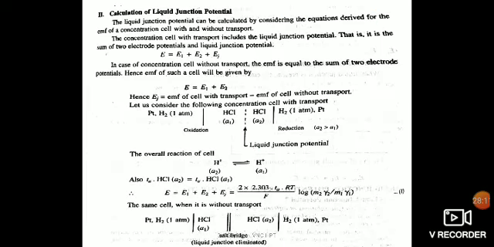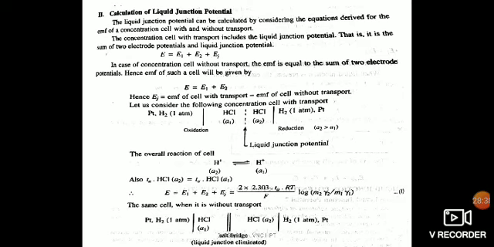How can you calculate the liquid junction potential? It can be calculated by considering the equations derived for the EMF of the concentration cell with and without transport. The concentration cell with transport includes the liquid junction potential. That is, it is the sum of the two electrode potentials and the liquid junction potential, so E equals E1 plus E2 plus Ej.